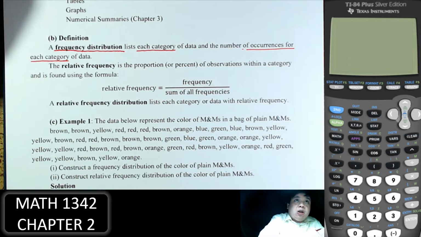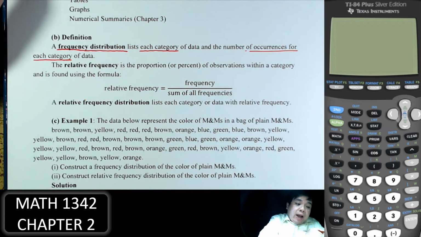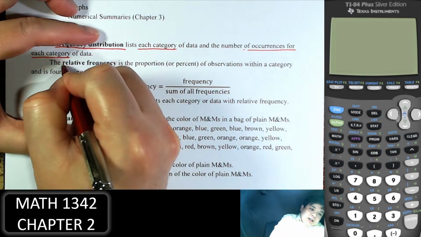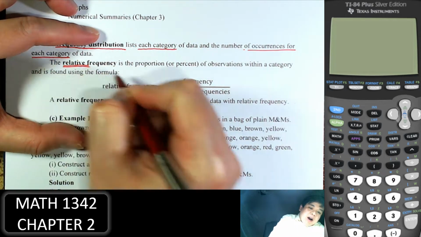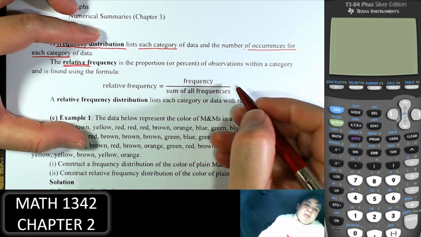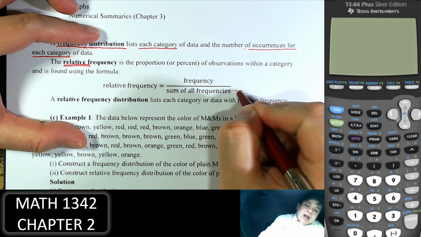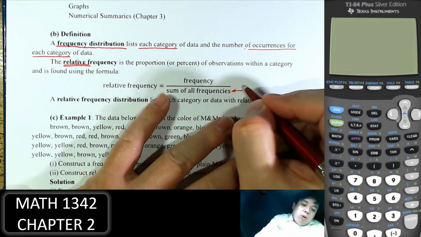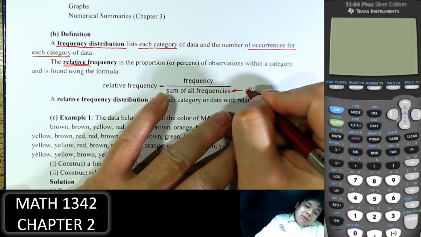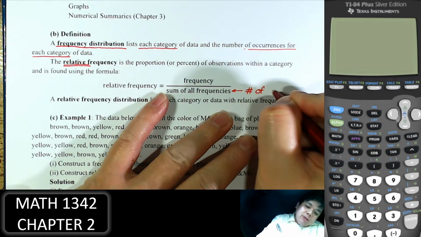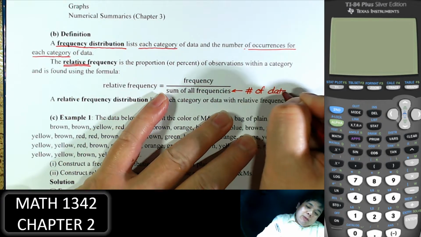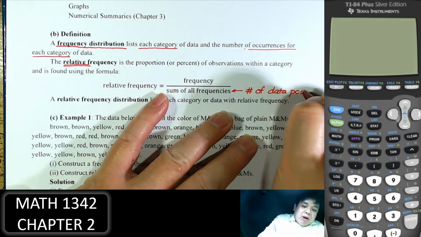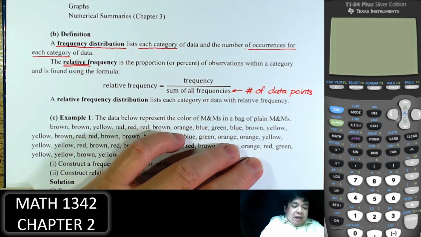For the relative, we divide by the total, the sum of all the frequencies. This is actually equal to the total number of data points, or the number of individuals in the data set.